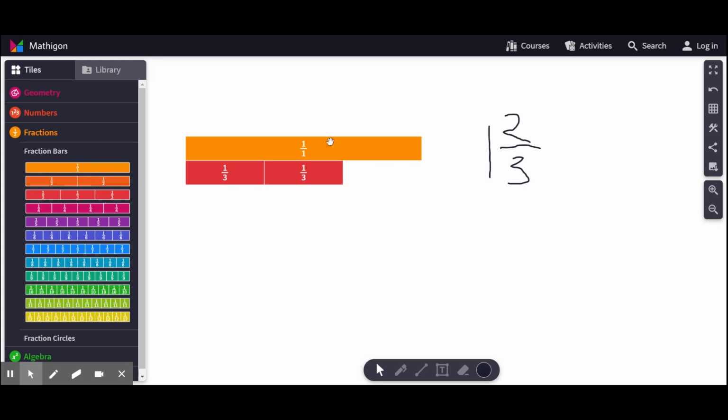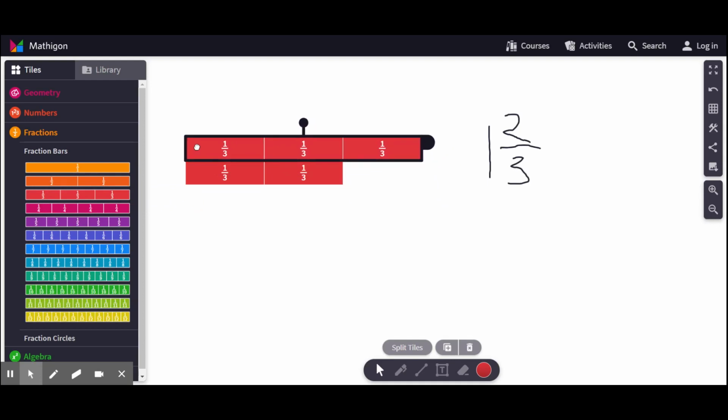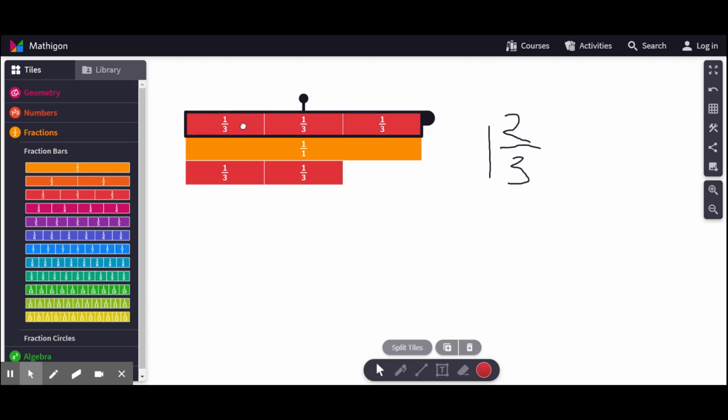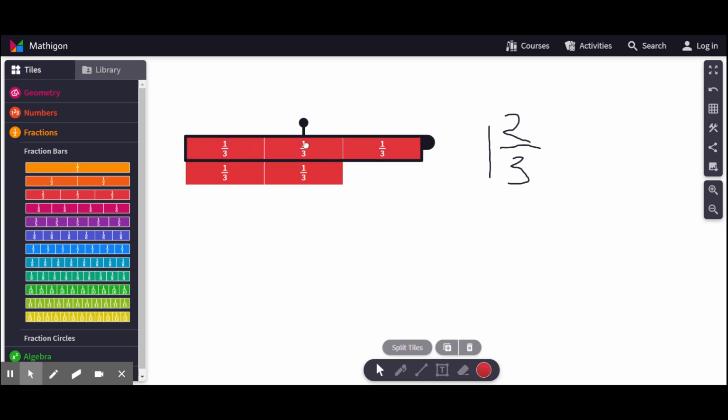So if I look at my whole, what can I do? If I want to take that whole and break it into thirds, how many thirds will be in 1 whole? If I turn that whole into thirds, 3/3 are the same as 1 whole. You can see I put it right there. If I break it into 3 equal pieces, that's 3/3.